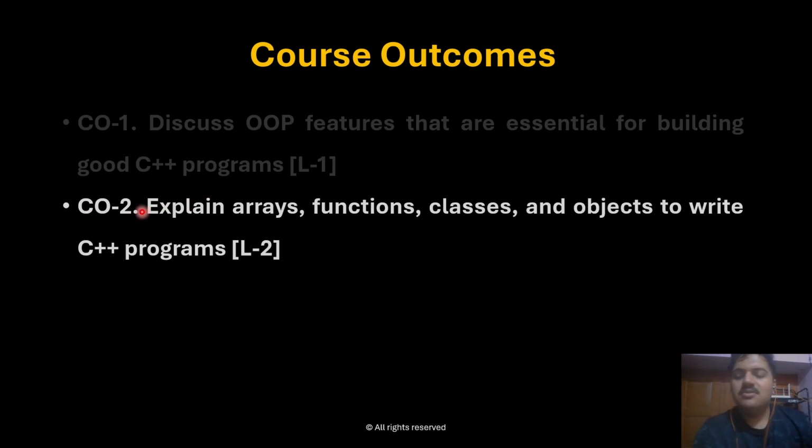Secondly, we will be looking at arrays, and explain arrays, functions, classes, and objects to write a C++ program. We will be using these concepts frequently in our future lectures.